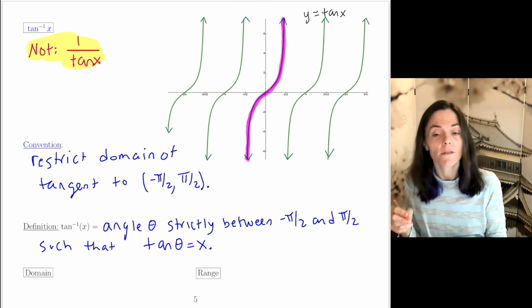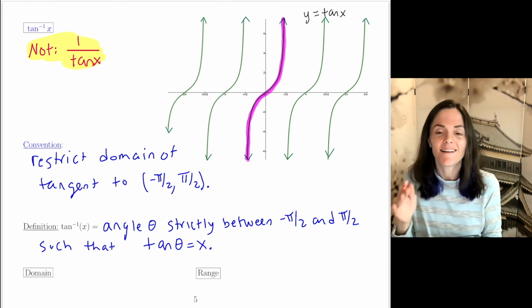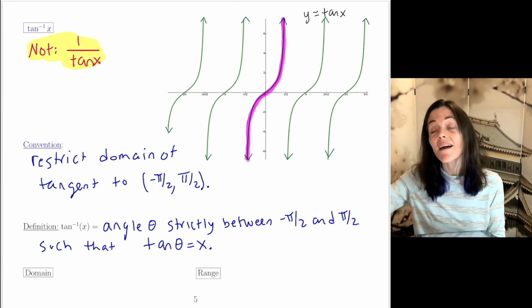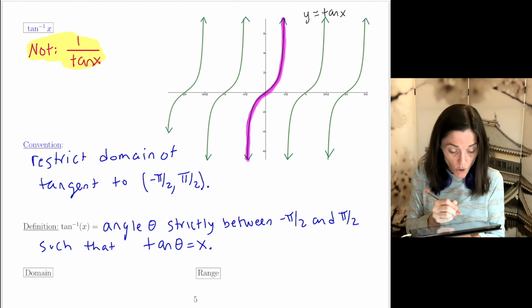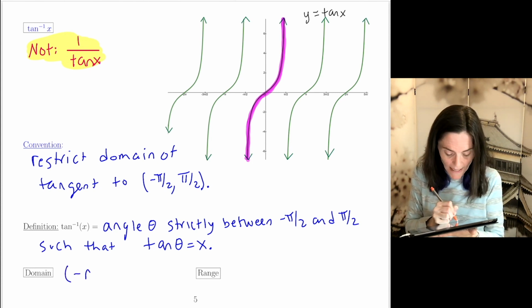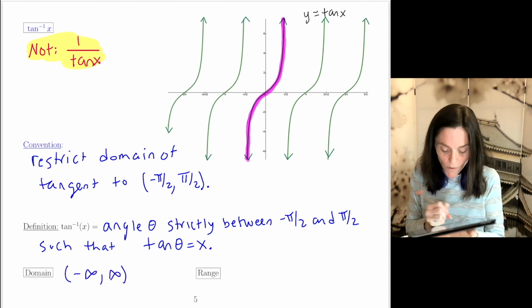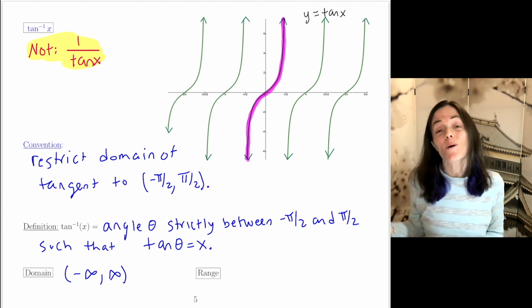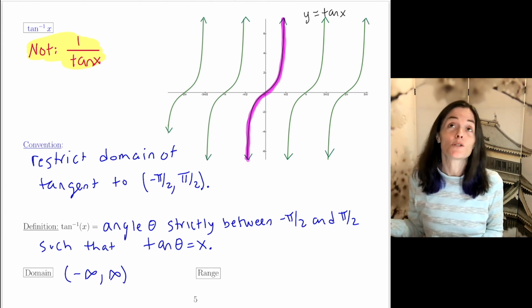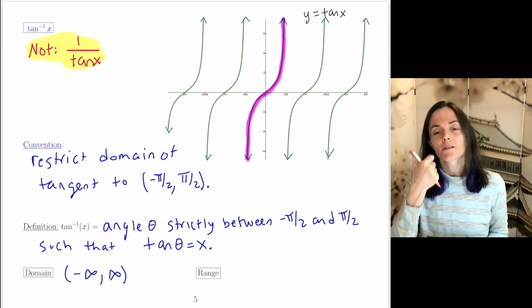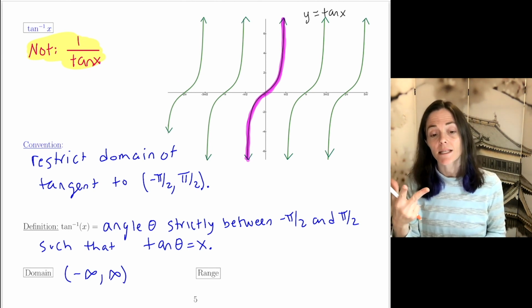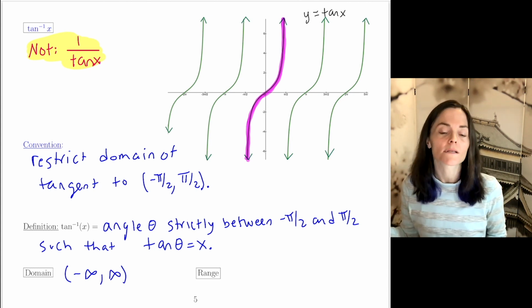Now the domain of this, you see, it's the y values of the tangent, and that's everything. So the domain of the inverse tangent is minus infinity to infinity. It's one reason it's really important in a calculus 2 course, because it's the only one out of sine inverse, cosine inverse, and tan inverse that has domain all real numbers.